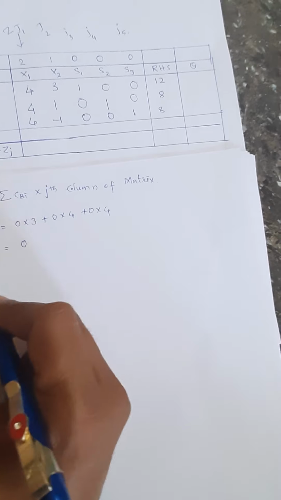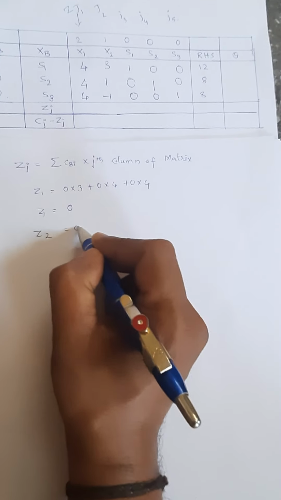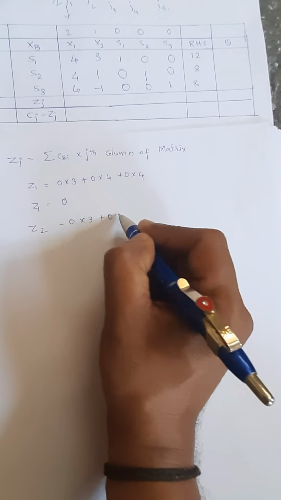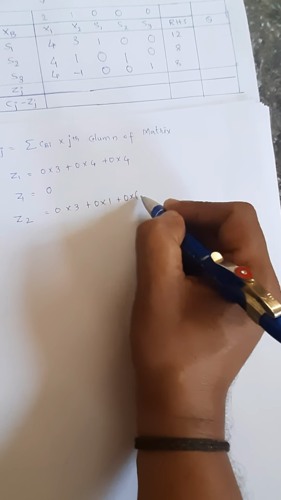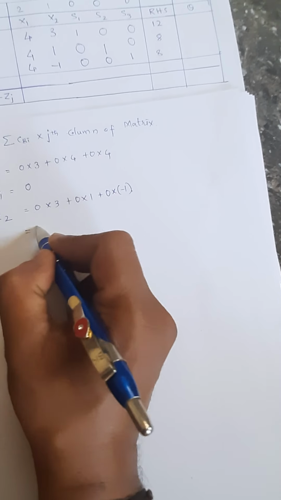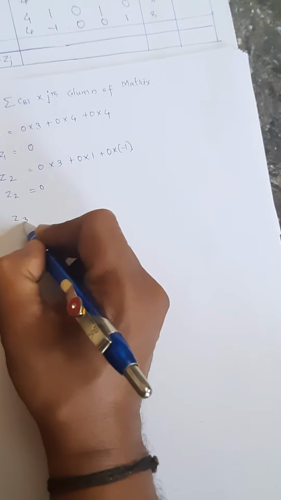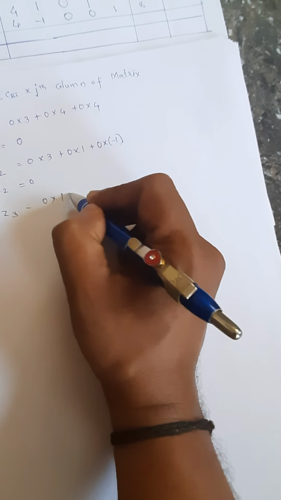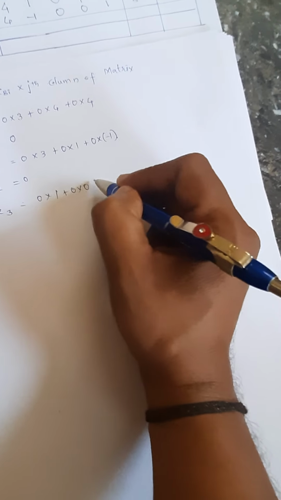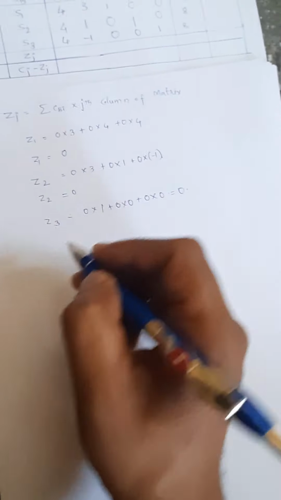So that is z1. So what is the result? 0. z1 is 0. Similarly z2 is equal to 0 into 3 plus 0 into 1 plus 0 into minus 1, that is also 0. Similarly z3 is 0 into 1 plus 0 into 0 plus 0 into 0, that is also 0.